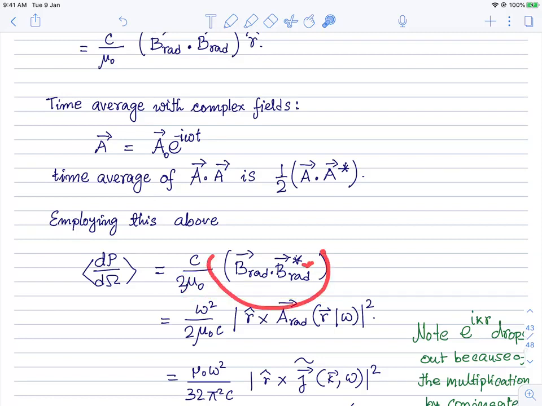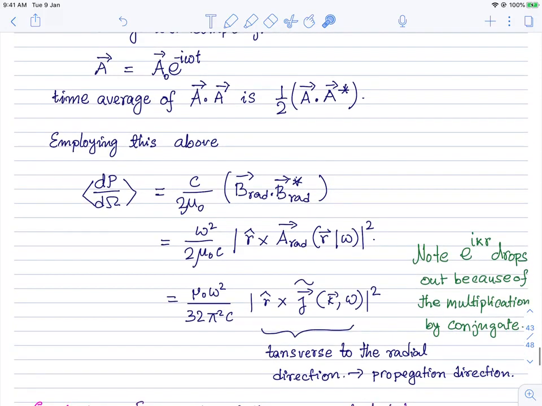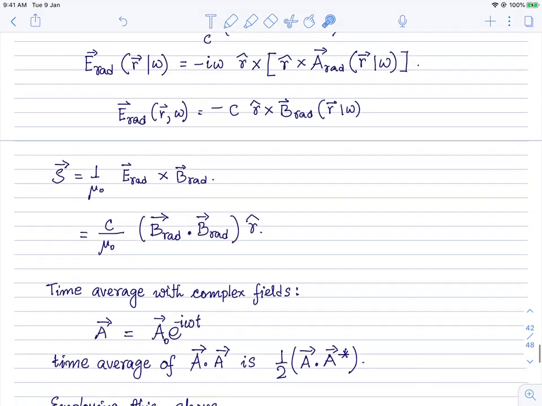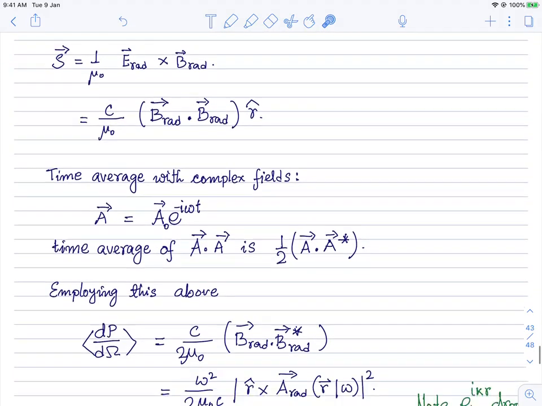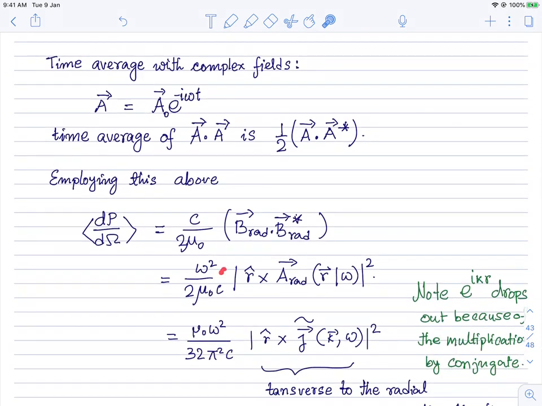This takes care of the time averaging. So if I take the star and find the average, I can just do it with this result here. Because I have to take the star, i becomes minus i, and that takes care of the sign. So it becomes omega squared here.